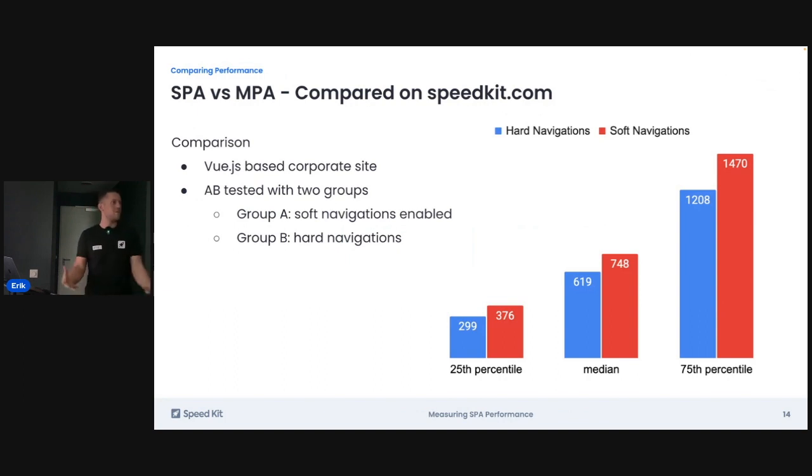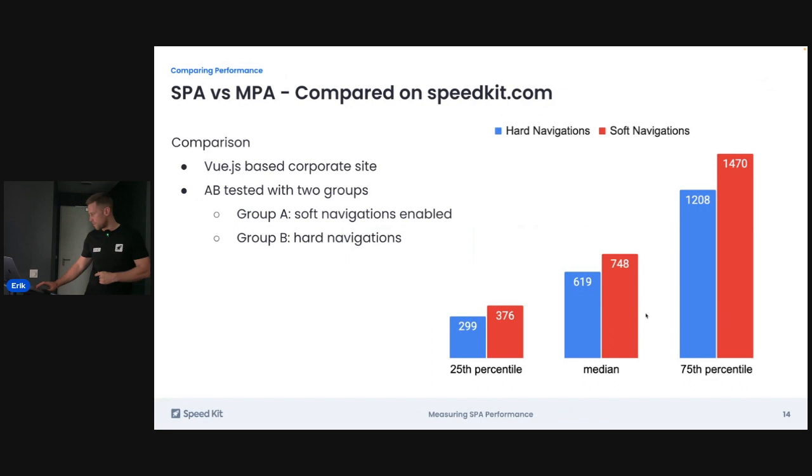Because finally we have Web Vitals that we can compare. And this might come as a surprise to some at least. This is only our one case, and it's a pretty simple page, but I was actually astonished to see that. The blue one is the hard navigations, and the red one is the soft navigations. I've looked at a few different percentiles from that performance distribution.